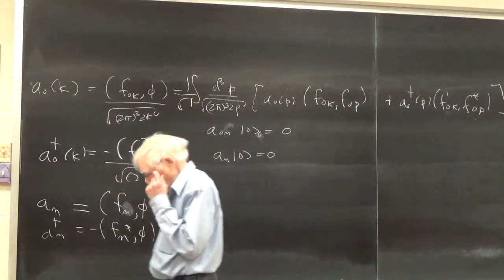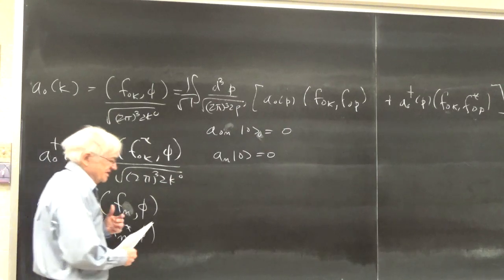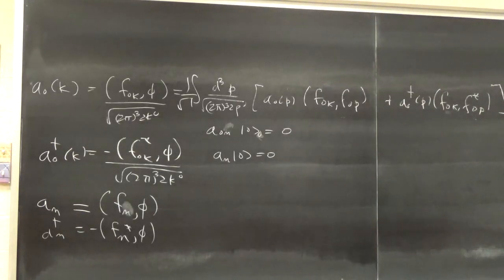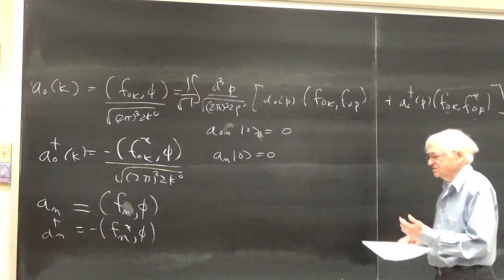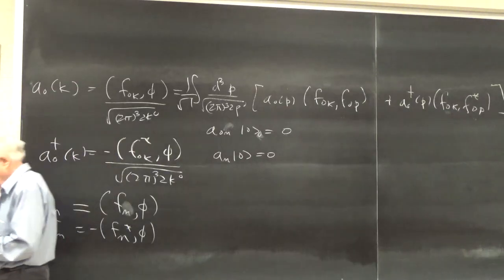And the idea is that we're thinking of the field as being the same field, and then we can expand the field in terms of flat space creation and annihilation operators and flat space mode functions, or we can expand it in terms of curved space annihilation and creation operators and curved space mode functions.